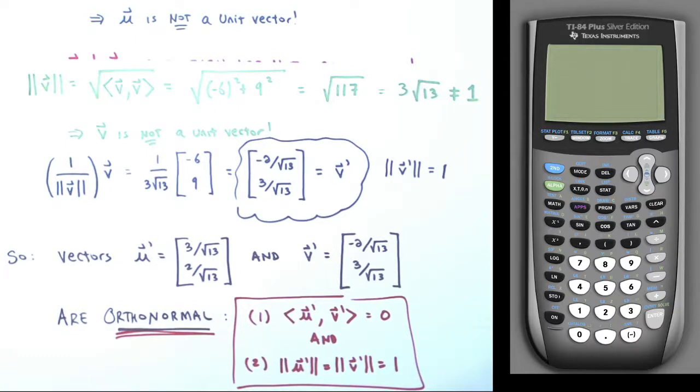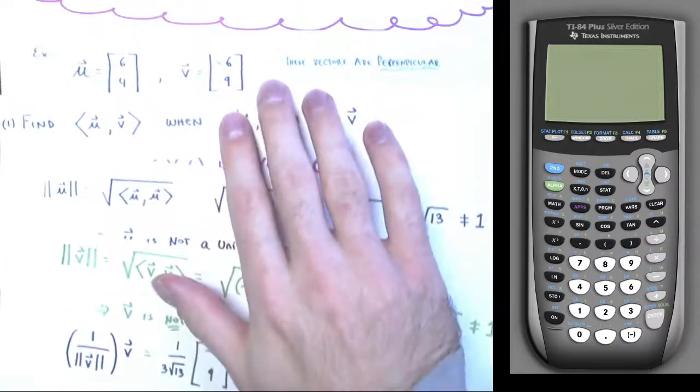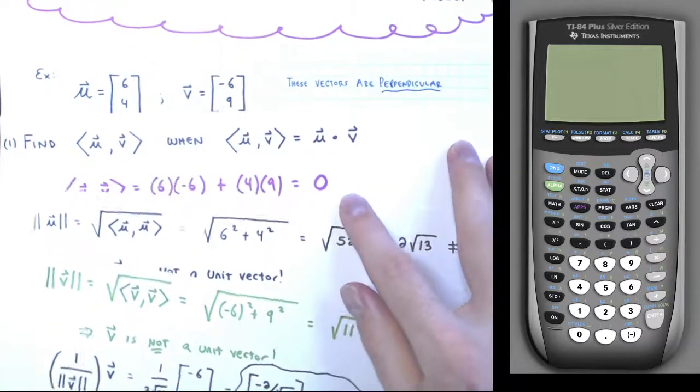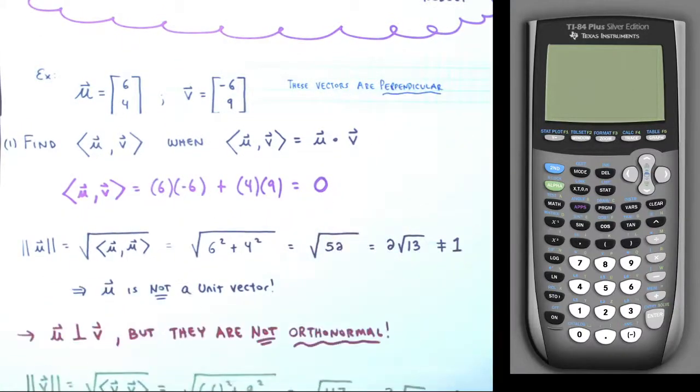So, one way to put this that might help you reason some stuff out: every pair of orthonormal vectors is orthogonal, but not every pair of orthogonal vectors is orthonormal. As we saw, these two vectors under the dot product are orthogonal, but not orthonormal.